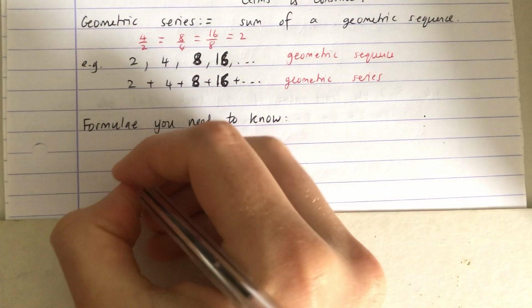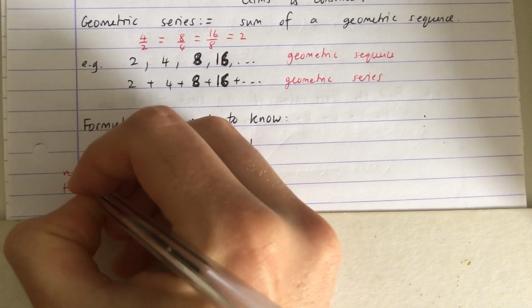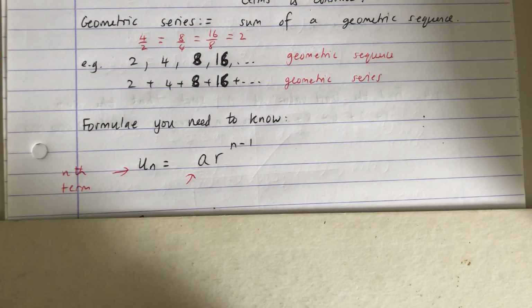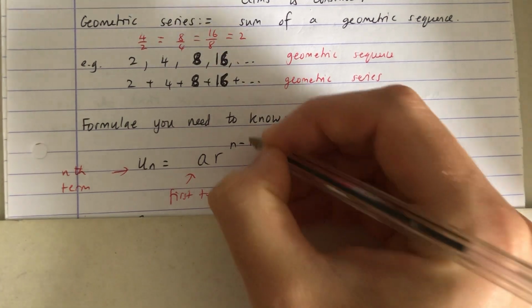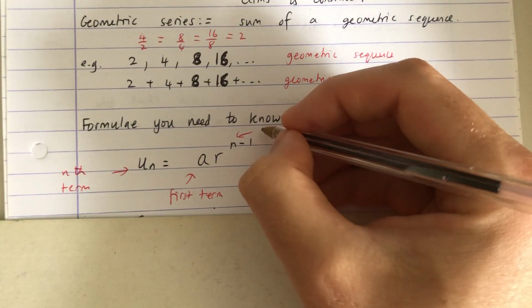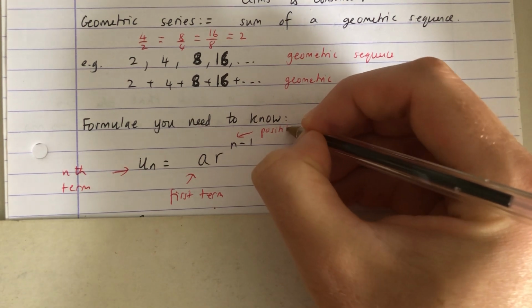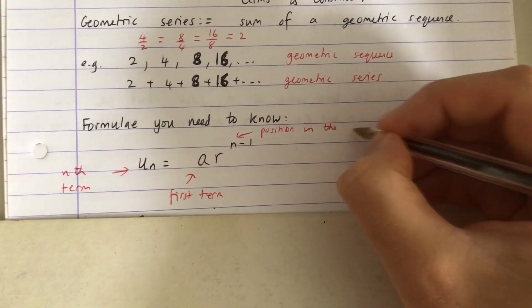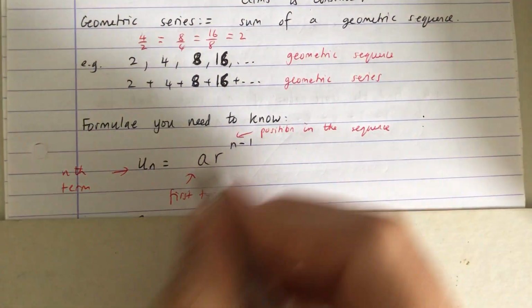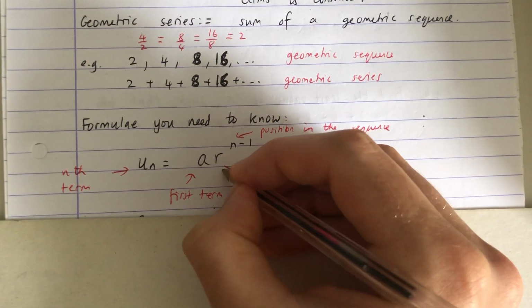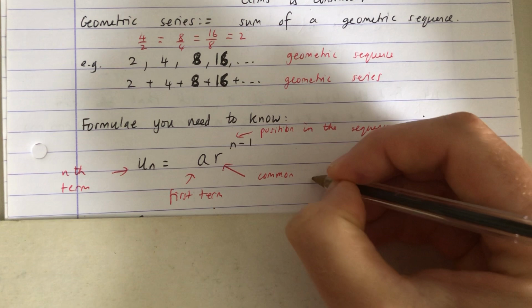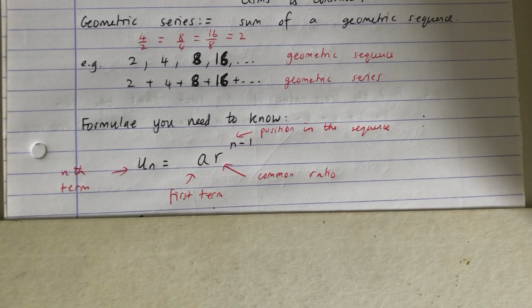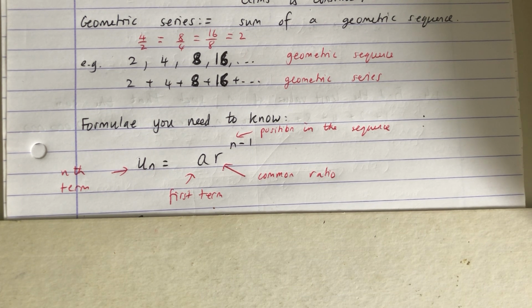So the u_n stands for nth term, as you should know already. a is exactly the same as what it was in arithmetic sequences, the first term. n is exactly the same as what it was previously, so that's a position in the sequence. So if you're looking for the fourth term, n would be 4, and so on. And r is the ratio. They call it the common ratio. So that's new. We had common difference last time, just common ratio this time. So that's the thing you do to get the next term in the sequence.